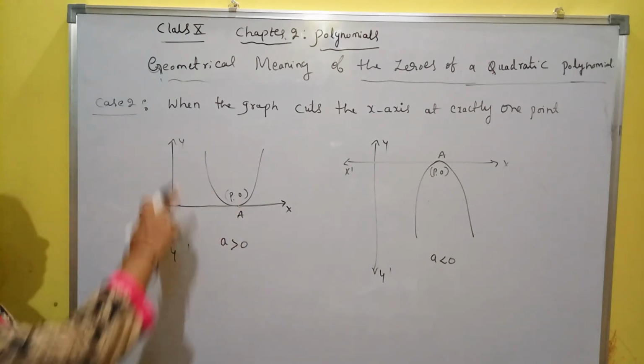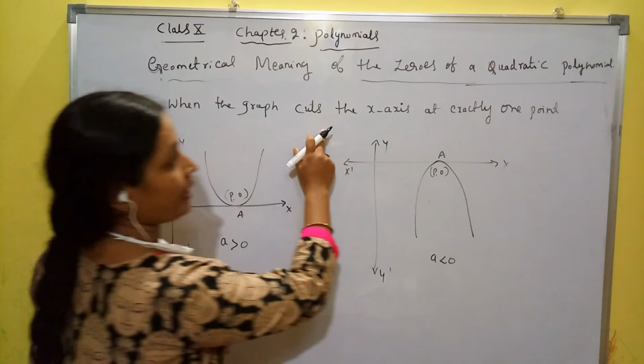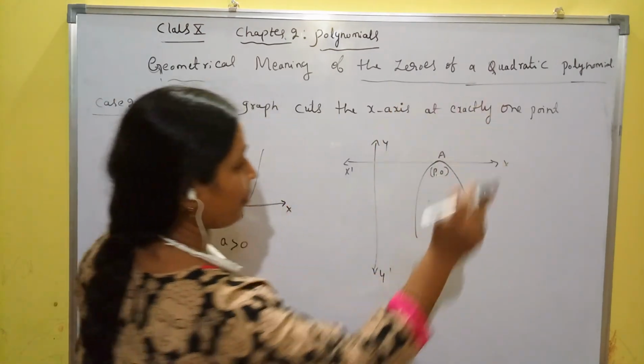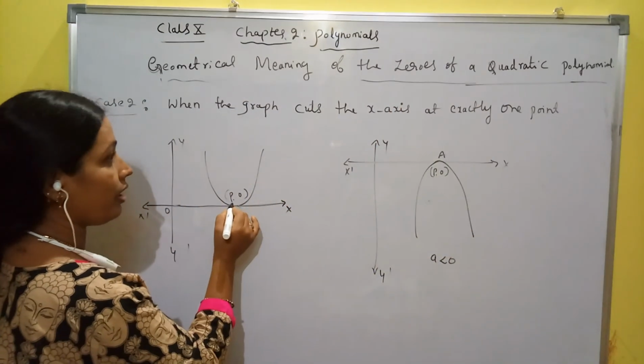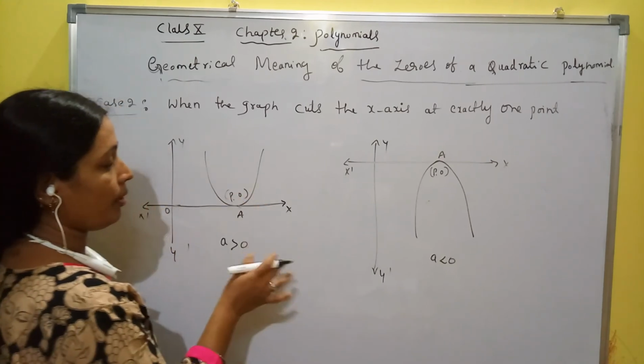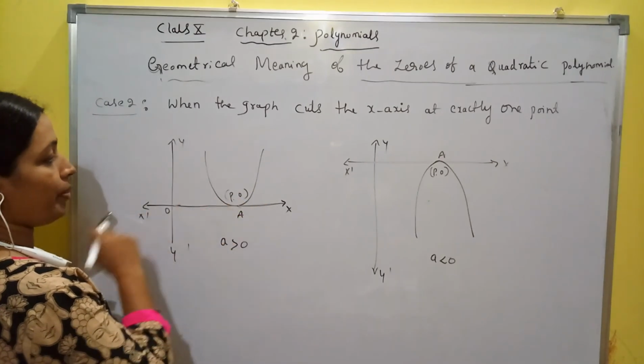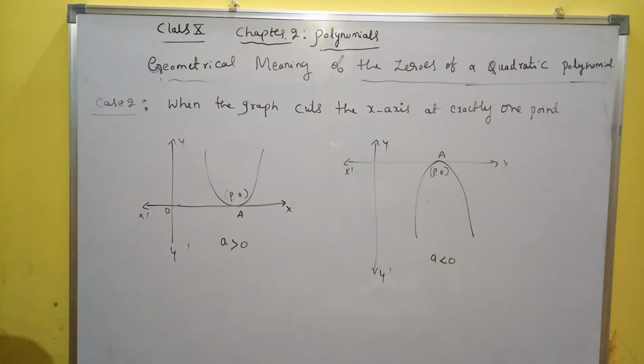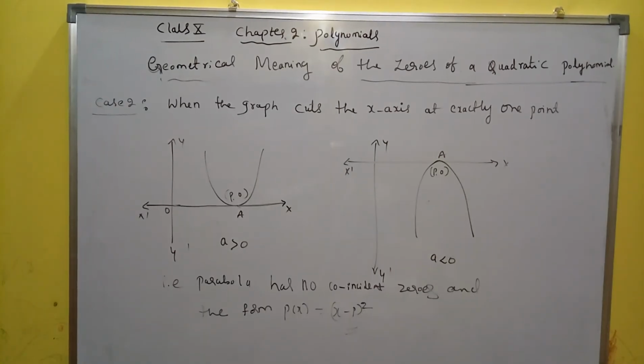When the graph cuts the x-axis at exactly 1 point, you will get the graphical representation like this. As in the last case, it opens upwards or downwards according to a greater than 0 or a less than 0.